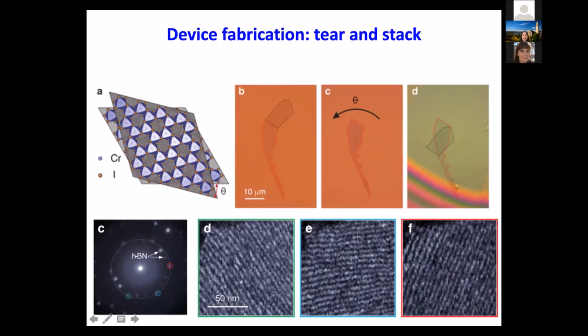Because we have 2 layers of chromium iodide, you see 2 spots in the diffraction pattern, and they overlap, so it's a little bit elongated. You can reconstruct the dark field image from each spot, and indeed you see the interference pattern. And to see the real space image, you just need to superimpose all the three angles together.